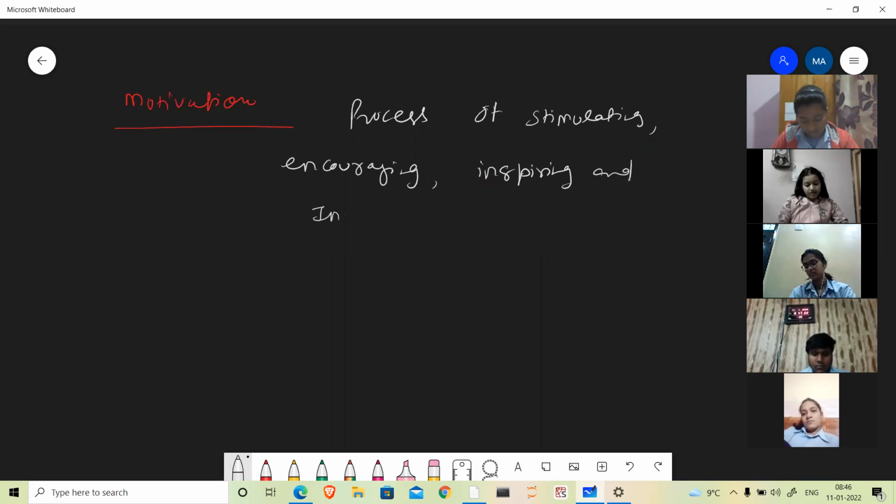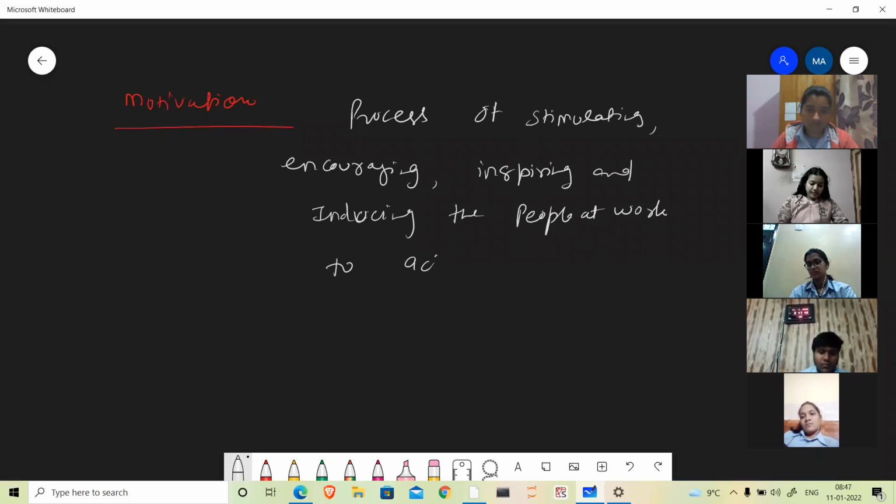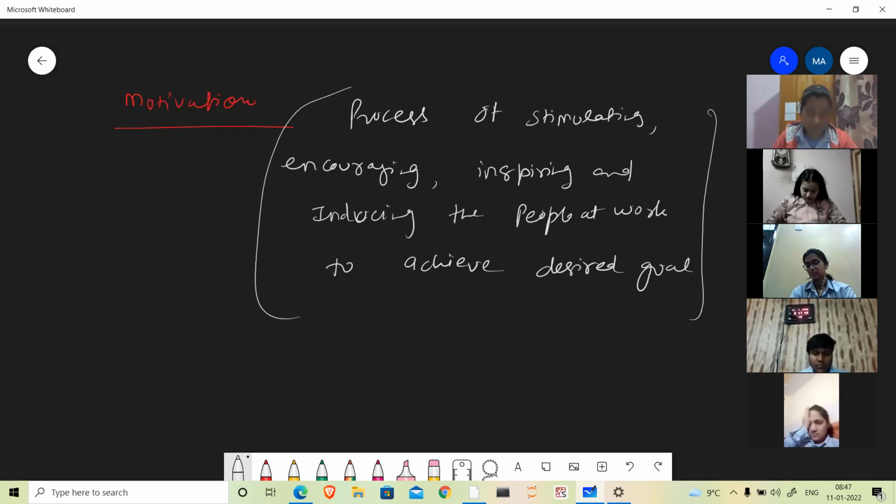All are synonyms. And inducing the people at work. Why? To achieve desired goal. So it is a process of stimulating, encouraging, inspiring, and inducing the people at work to achieve desired goal.